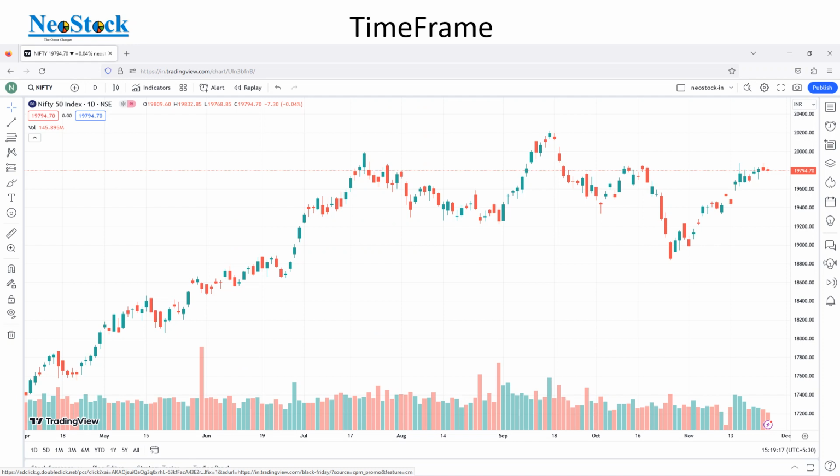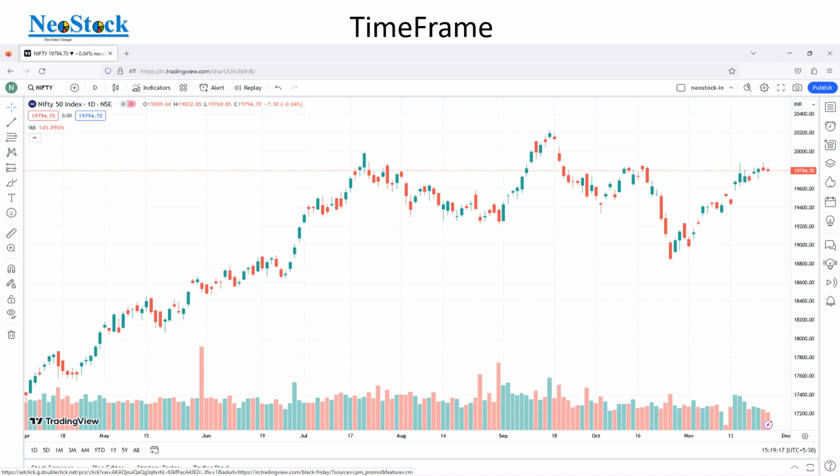So, if you look into this TradingView chart, this is the Nifty 50 index for the National Stock Exchange in India. And which time frame is it having? By default, the chart will be opened in daily time frame, because all these days we practiced all our exercises on the daily charts.